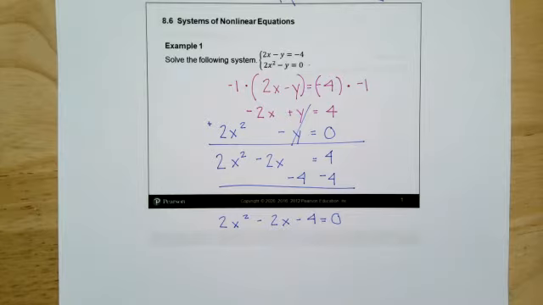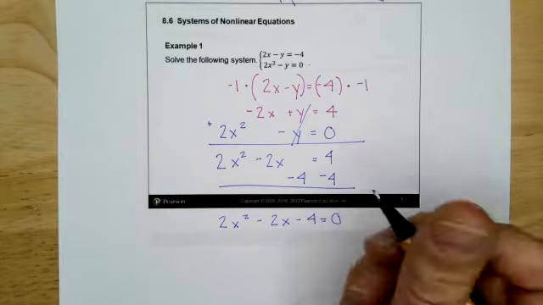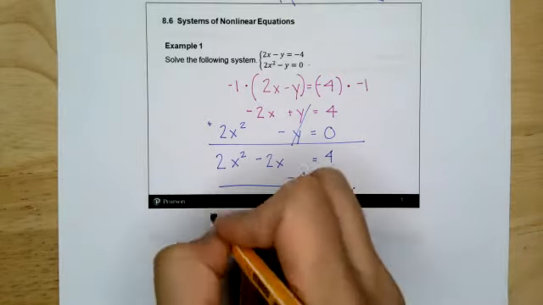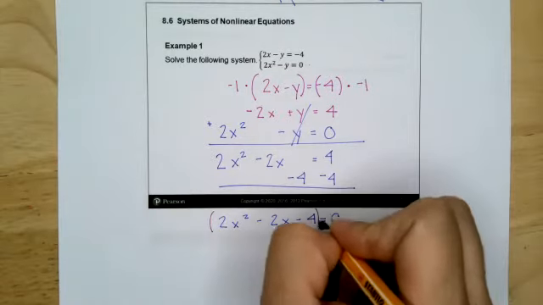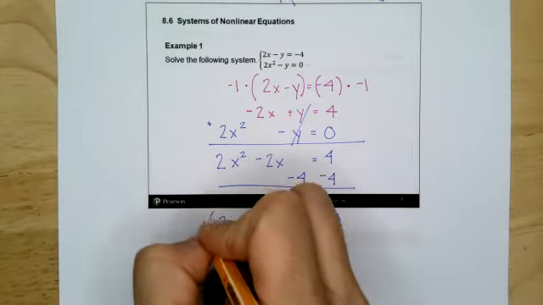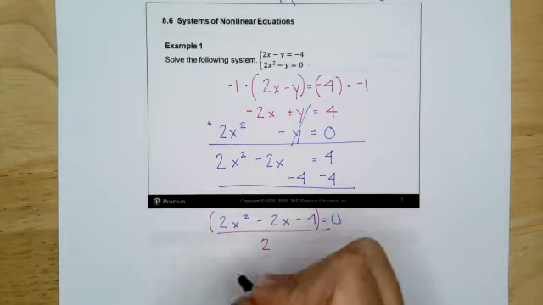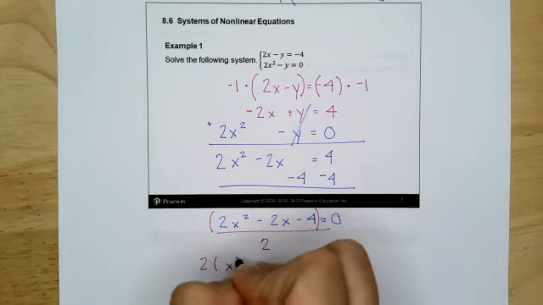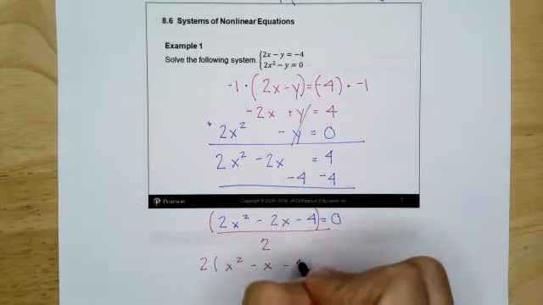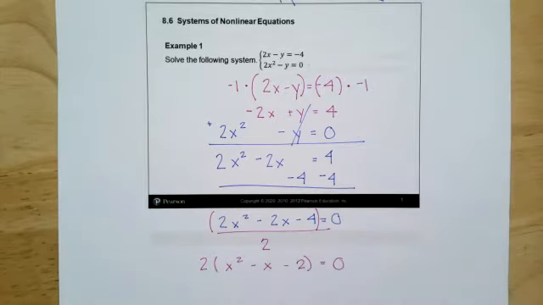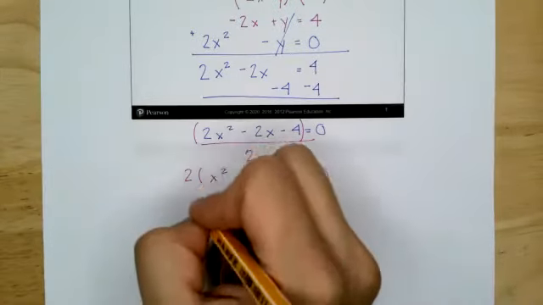Good. We can also take out a 2. If I divide everything by 2, then I get 2 times x squared minus x minus 2 equals 0. Make it even easier to factor.